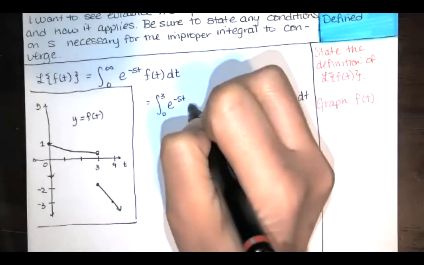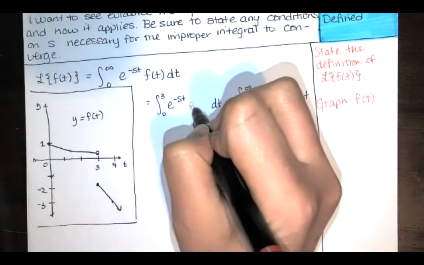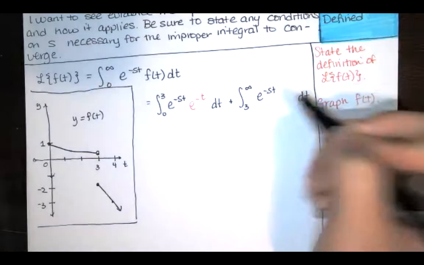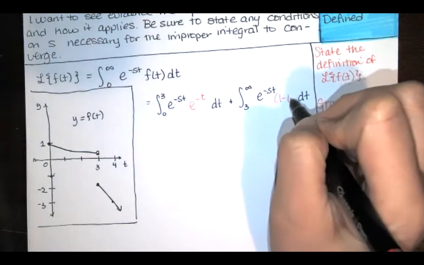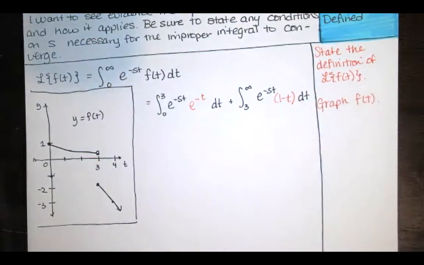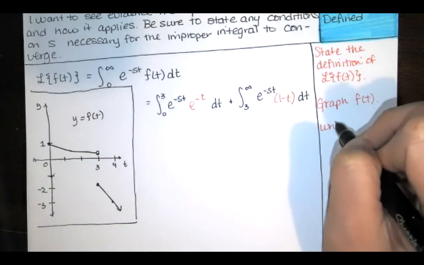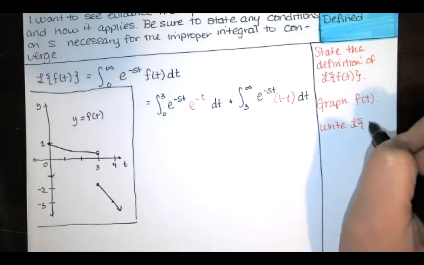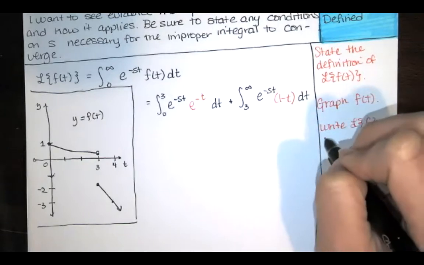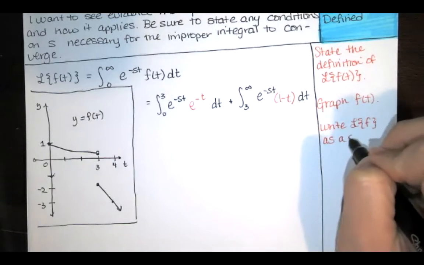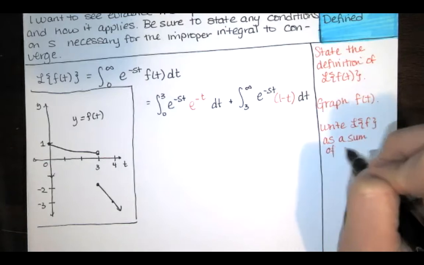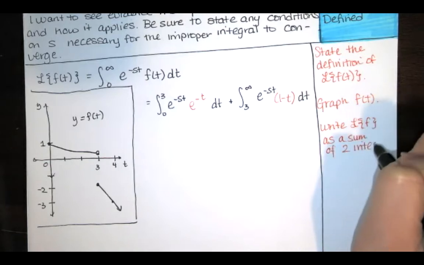On this interval, my f of t was e to the negative t. And on this interval, my f of t was 1 minus t. So we'll write the Laplace transform of f as a sum of two integrals. And then we'll just evaluate those integrals.